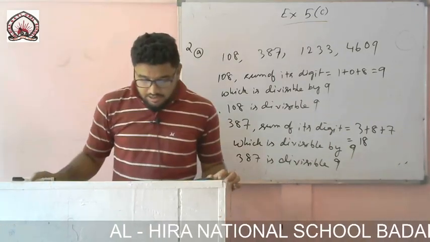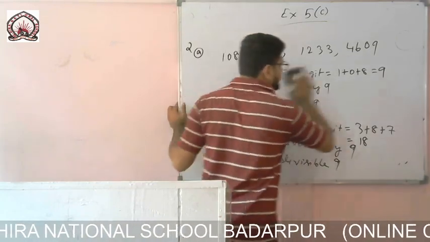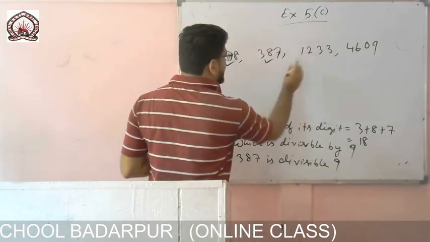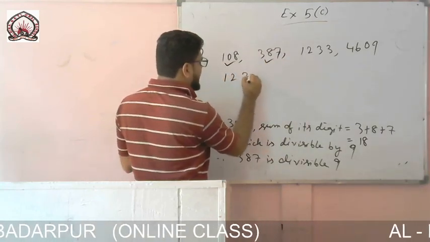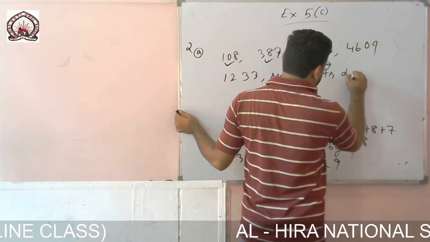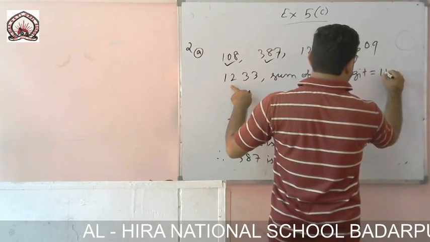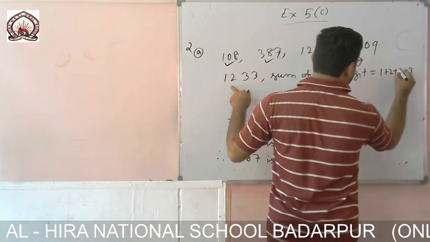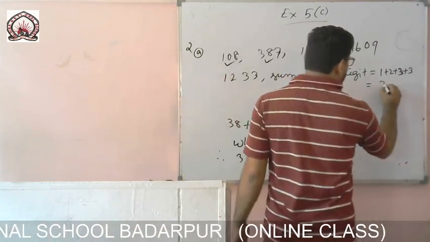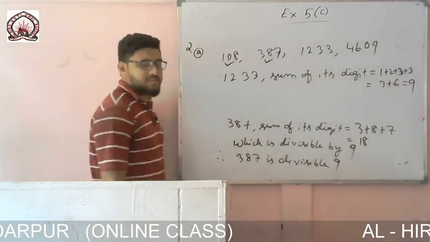Okay, now come to 1233. So this one divisible, this one divisible. Now let us check this one. 1233. Write sum of its digits equals 1 plus 2 plus 3 plus 3. 1 plus 2 it is 3, 3 plus 3 it is 6, 6 plus 3 it is 9.